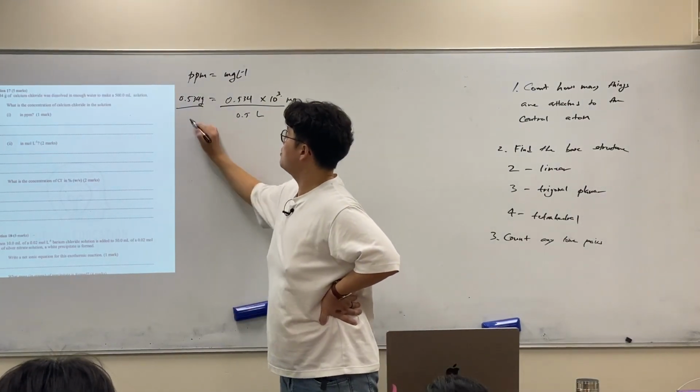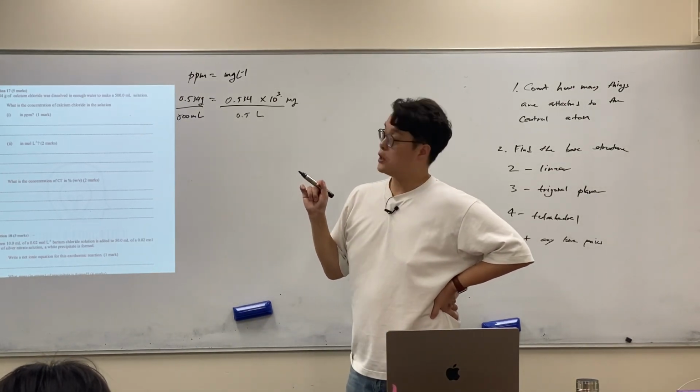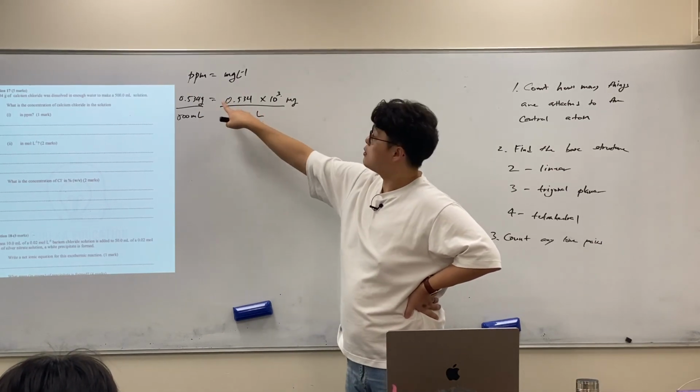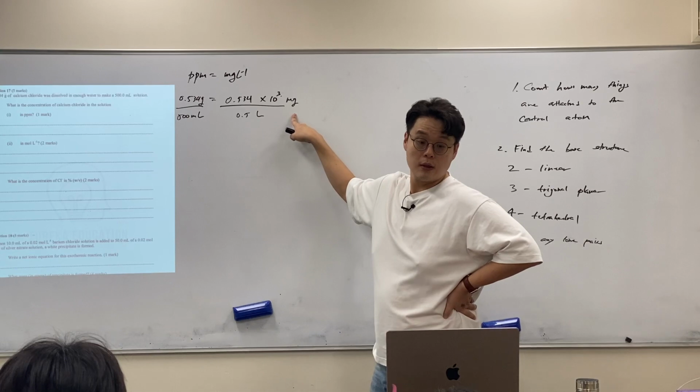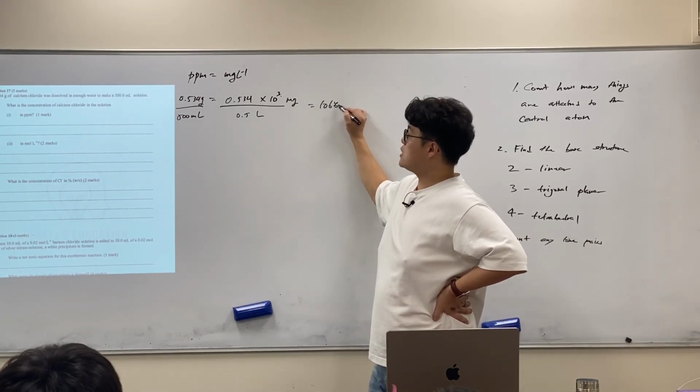I'll write that: milligrams on 500 milliliters. Can you see I just converted units from milliliter to liter and grams to milligrams. Put that in your calculator, then you'll get 1,068 ppm.